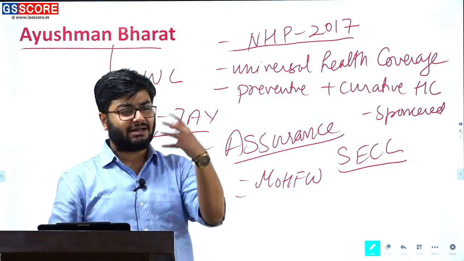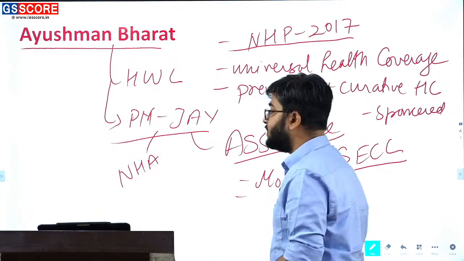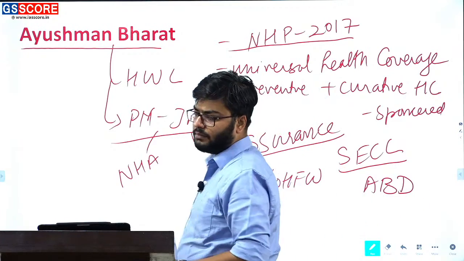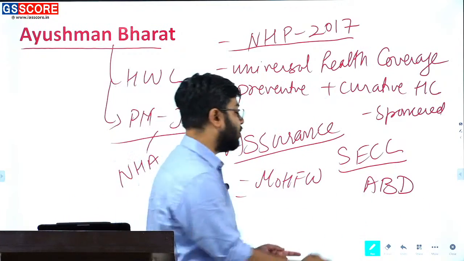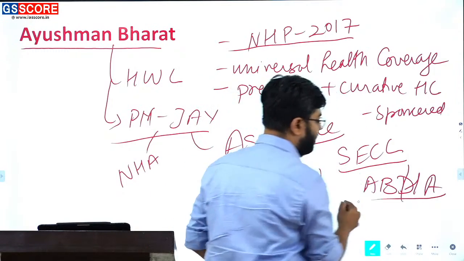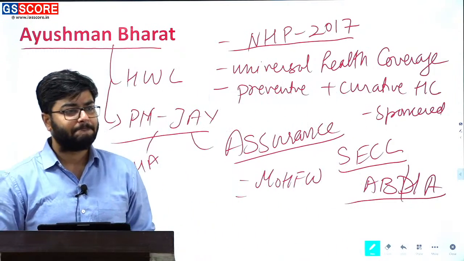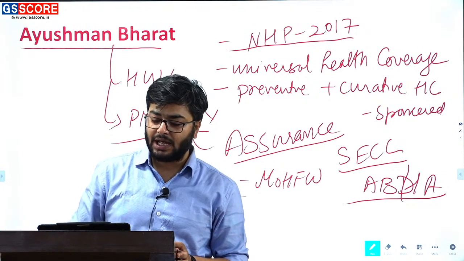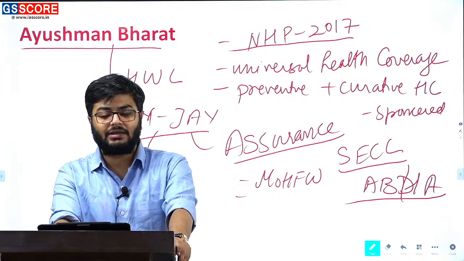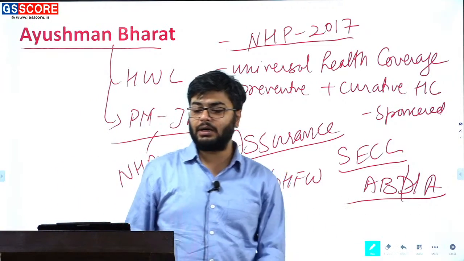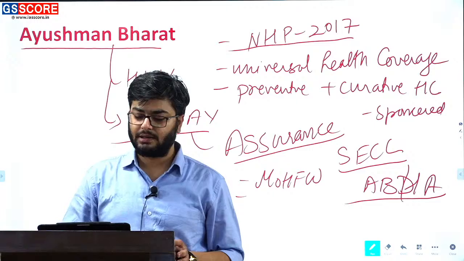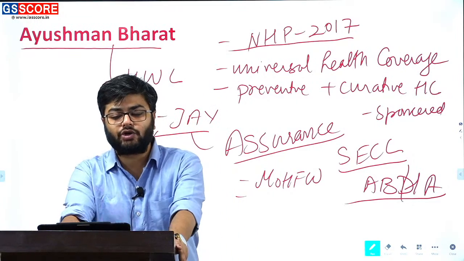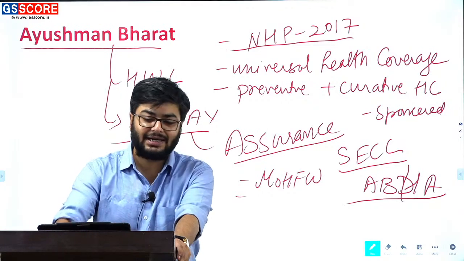If you look at the recent news, this is Ayushman Bharat Digital, Ayushman Bharat Health Account. Okay, National Digital Health Mission, right? And these ABHA IDs were created. It is not only for below poverty line, it is based on the socio-economic caste census data.